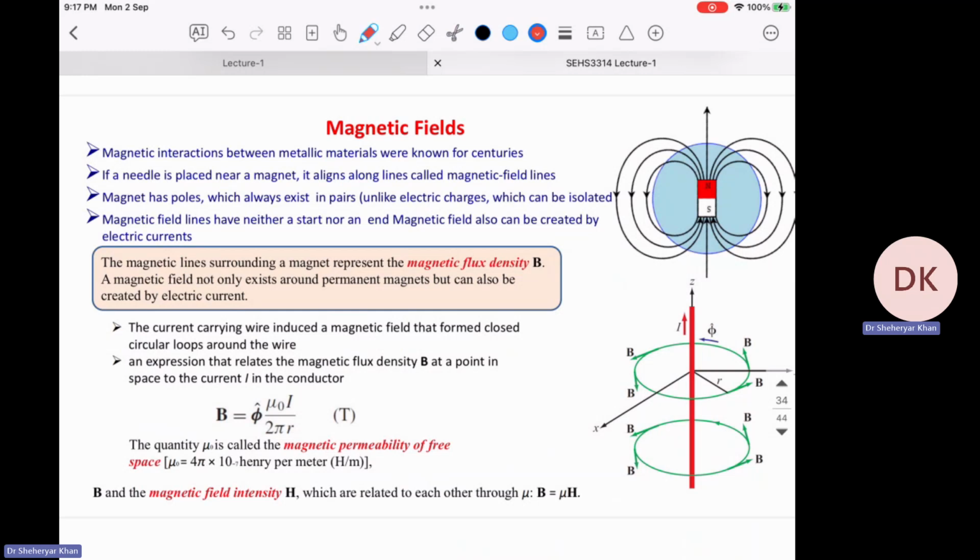Interestingly, there are certain properties of these lines. For example, they start from north and end at south in continuous circular paths. They never break. Magnets have poles which exist in pairs, unlike electric charges which can be isolated.